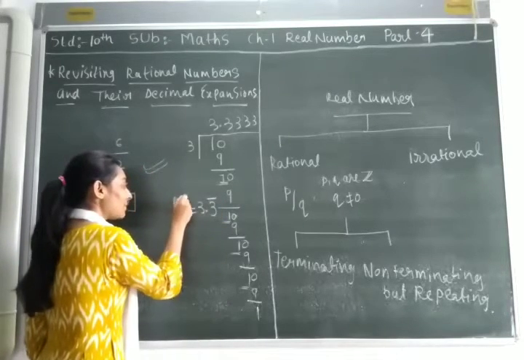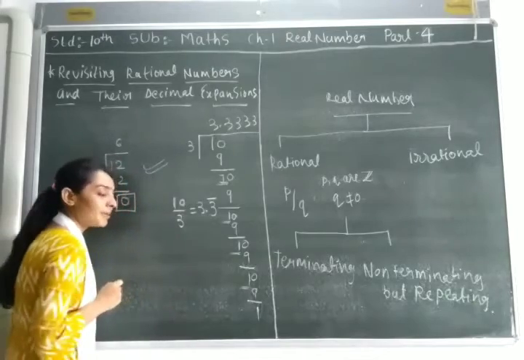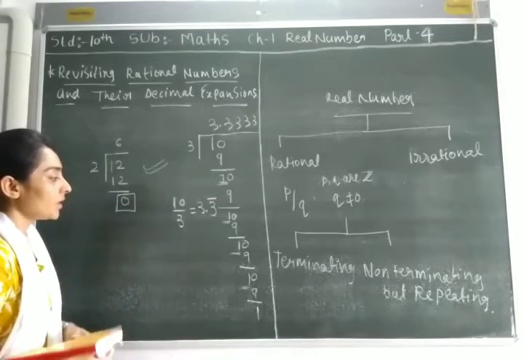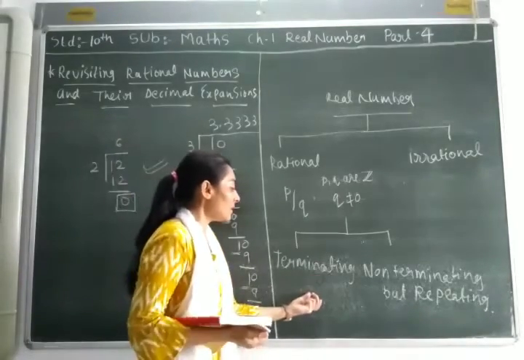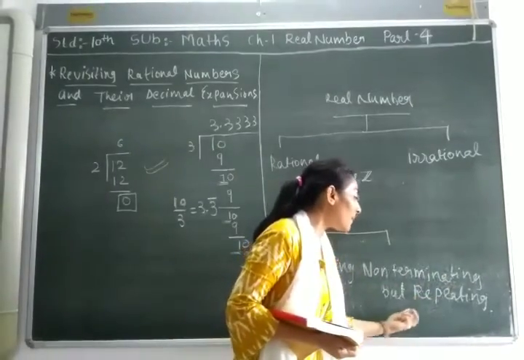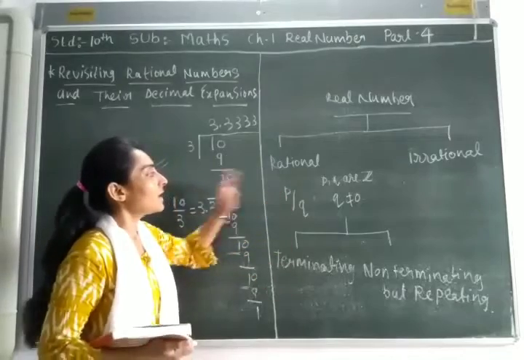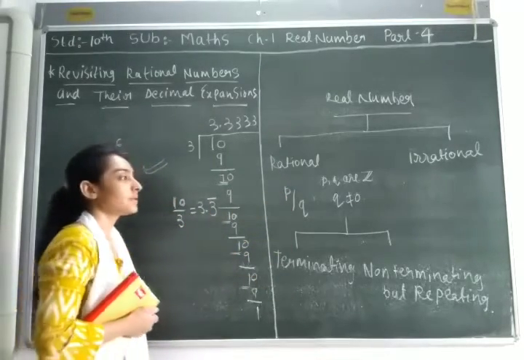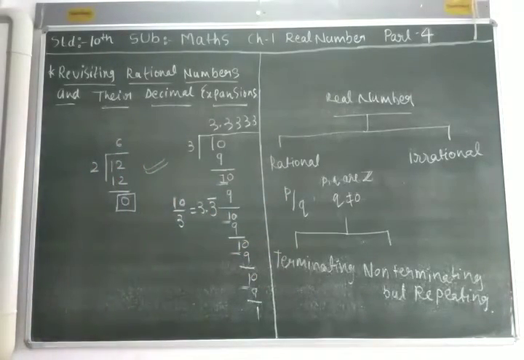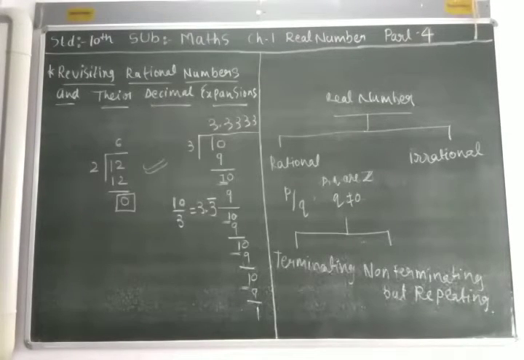That's why I can represent 10 by 3 in P by Q form. So this is non-terminating but repeating. All these come under rational numbers.